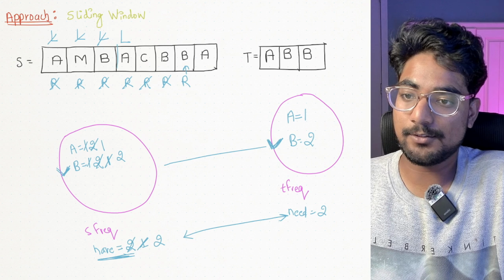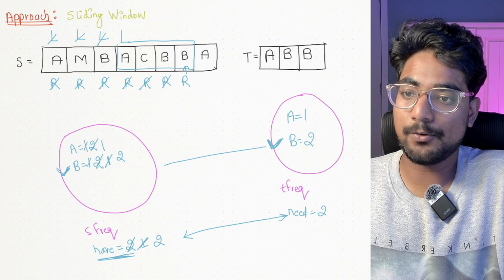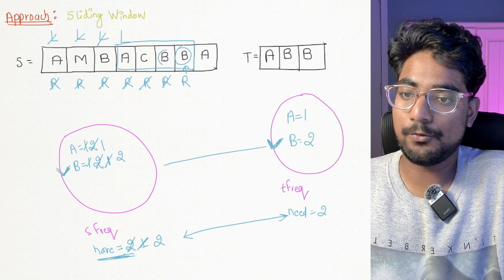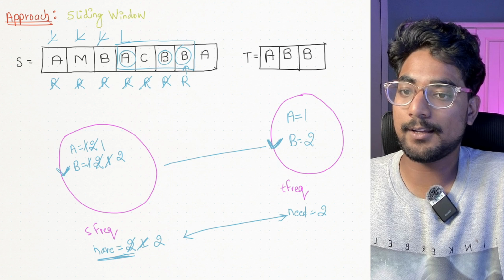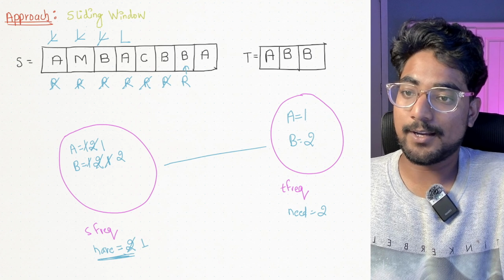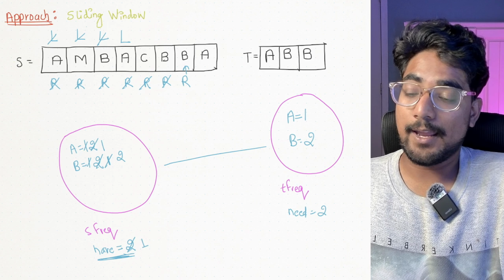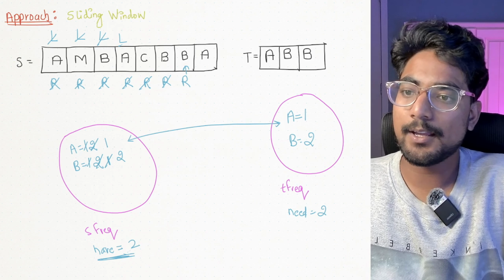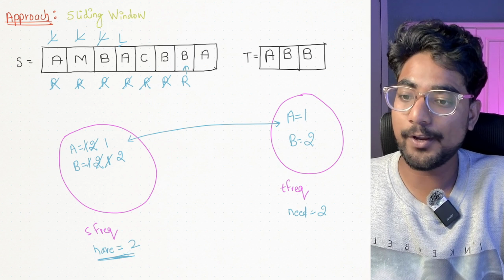I mean, in this window, if you see, you have 2 B's and 1 A, right? और इस केस में हम लोग क्या करेंगे? Now we'll activate our left pointer again, and now your left is pointing to A, right?